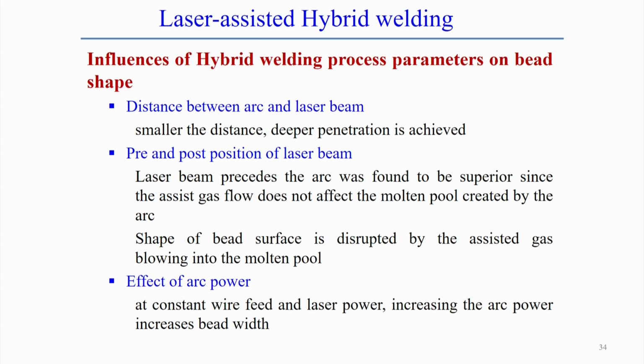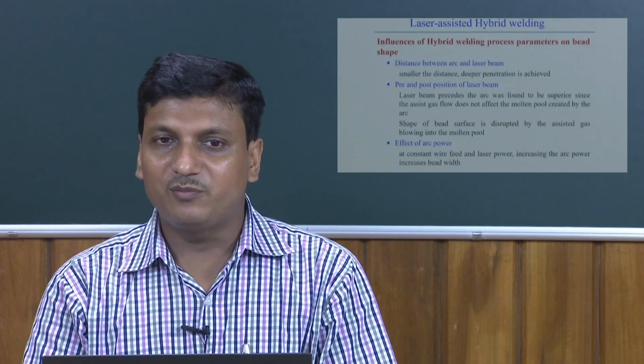So, normally in the case of gas metal arc welding used for hybridizing with laser processes, the laser is kept at the front side and the gas metal arc welding is put in the backward side.